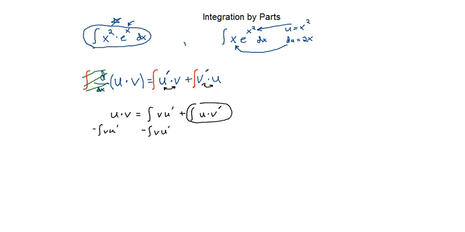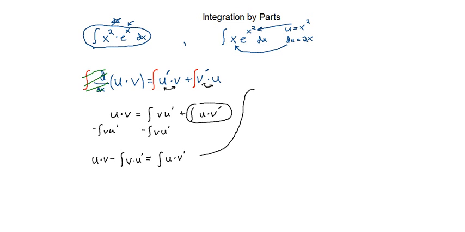And so you're left with u times v minus the integral of v times u prime equals the integral of u times v prime. I can see how this doesn't look like it's helping us at all, but it will in a second.